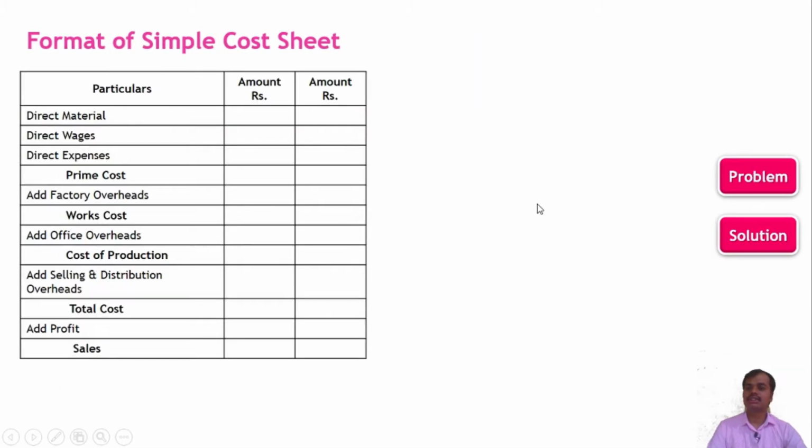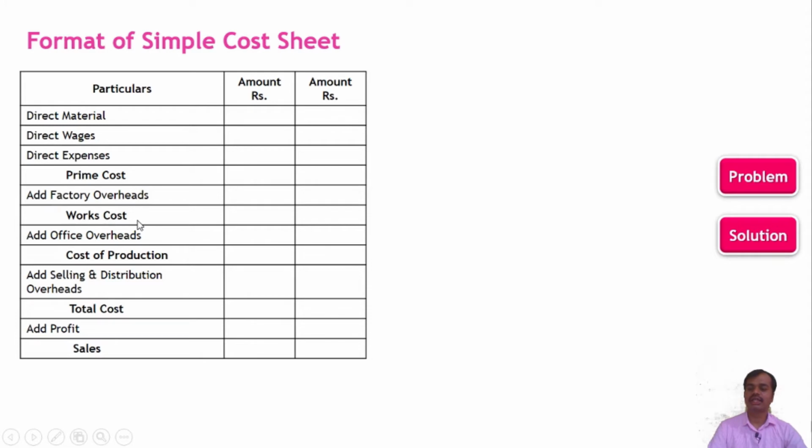Yes, this is the format of the simple cost sheet. In this format, first we take direct material. To this direct material, we add direct wages, then direct expenses, and then we get the prime cost. After getting the prime cost, we add factory overheads.